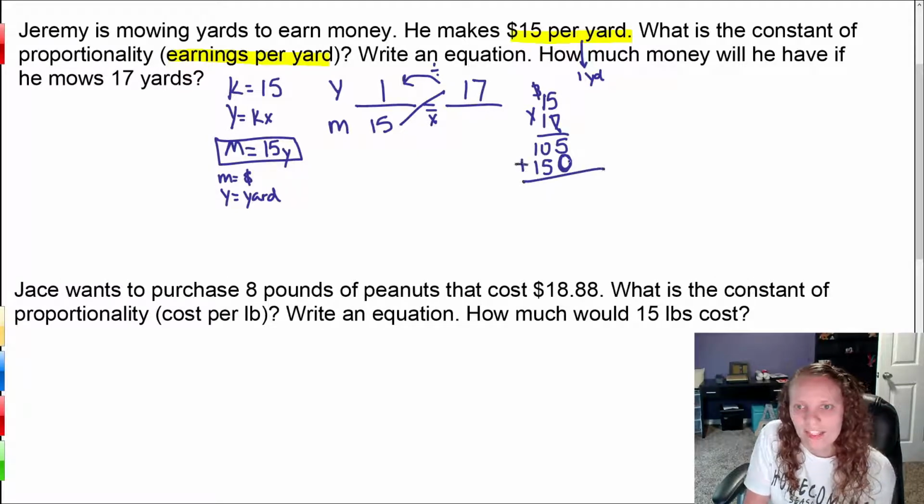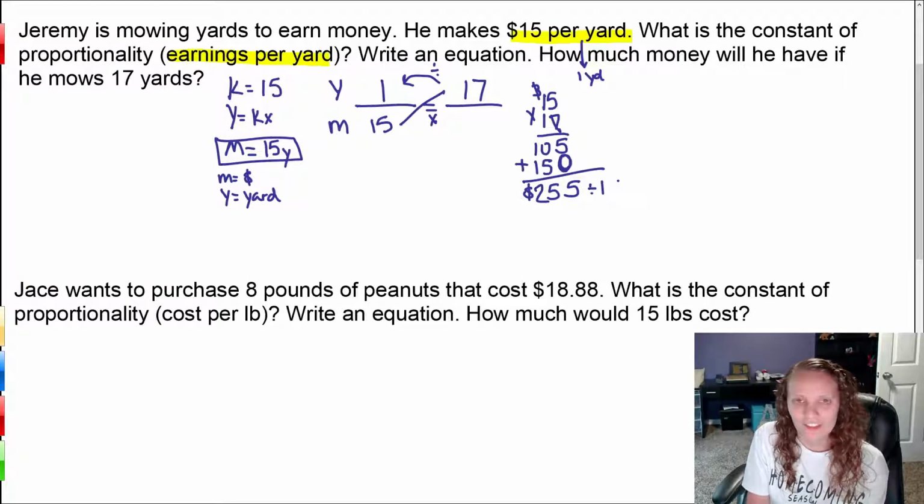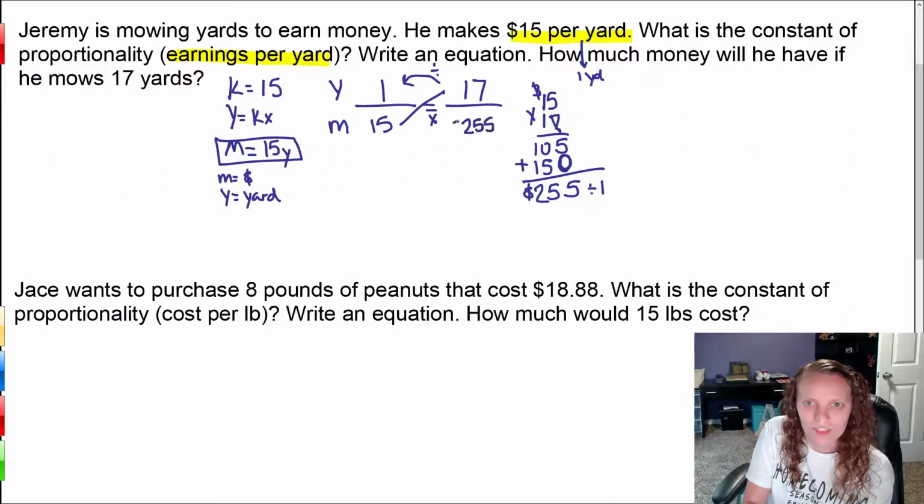And let's add these numbers up. 5, 5, and 2. Now, if we divide by 1, we're just going to get the same number. So 255 divided by 1 is $255. So again, if he mows 17 yards at a rate of $15 per yard, he should earn $255.